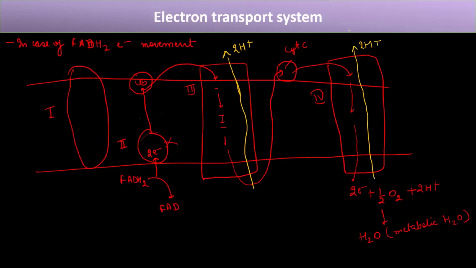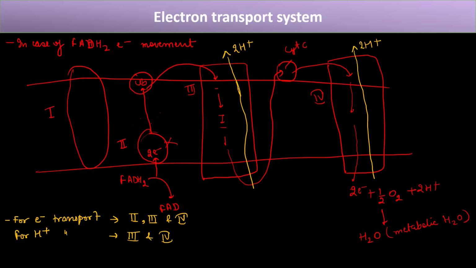So what we are seeing here is that for electron transport, the complexes involved are complex second, complex third, and complex fourth. But for hydrogen ion transport, the complexes involved are complex third and complex fourth.